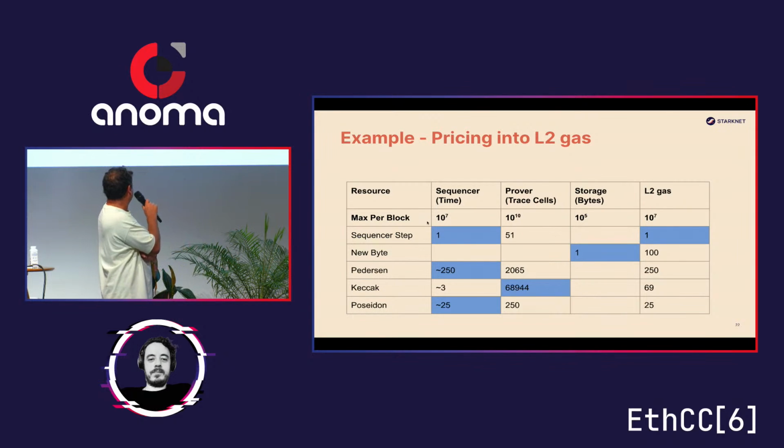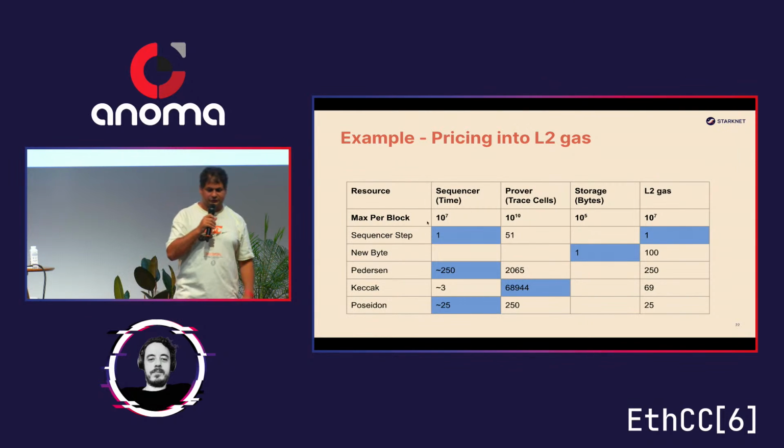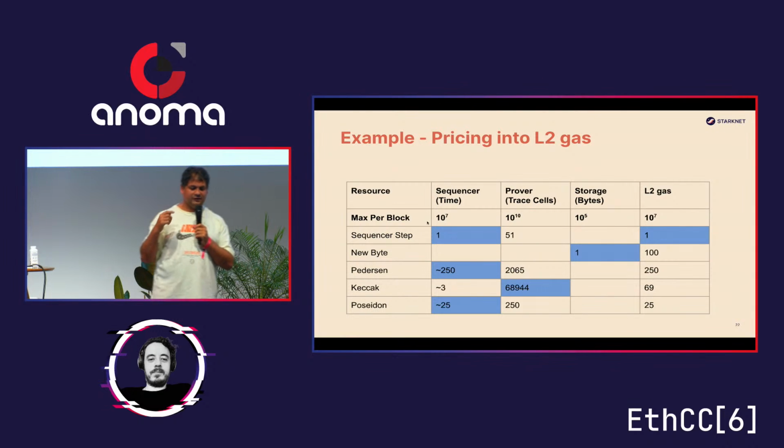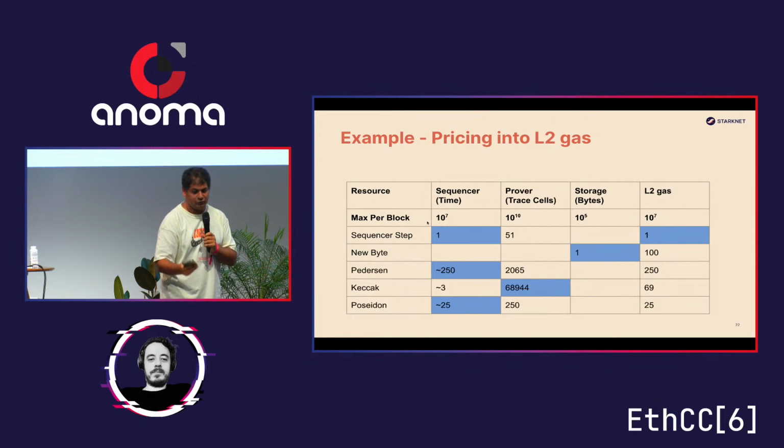So if I'm looking at a new byte that people are writing, it doesn't cost the sequencer almost anything in time, but it does require storage. So we are going to price it as 1 unit out of 10^5, but we are going to compare it to sequencer time. Because the difference is 100, we will count a new byte as 100 units of L2 gas.